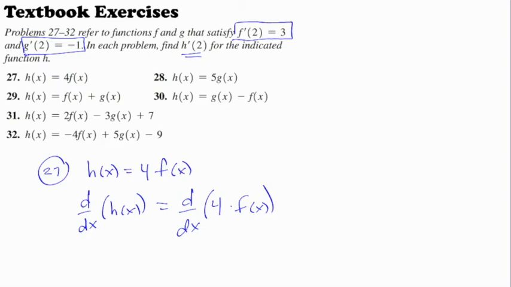And now we can use that constant property. We can say, well, let's take this constant 4 and we'll put it out in front. So d dx of h of x is equal to 4 times the derivative of f of x.